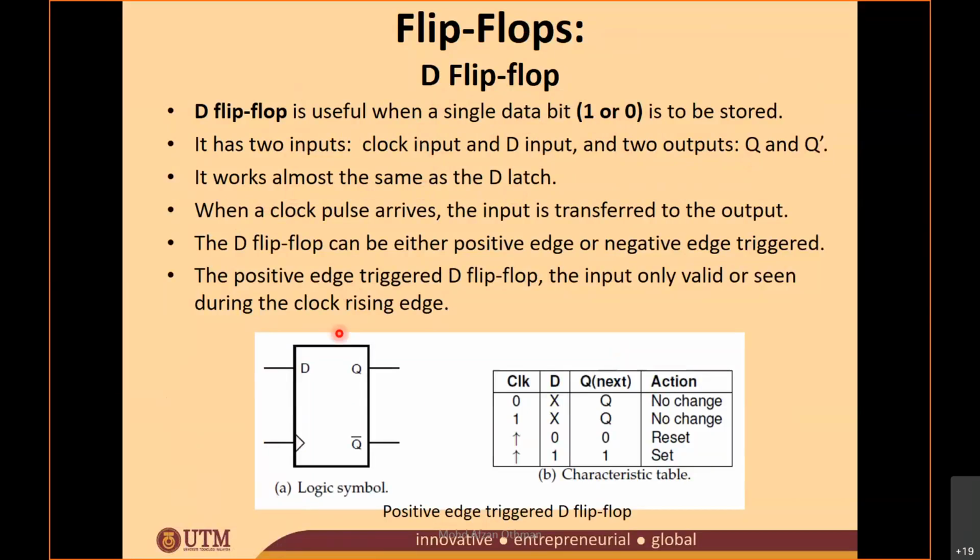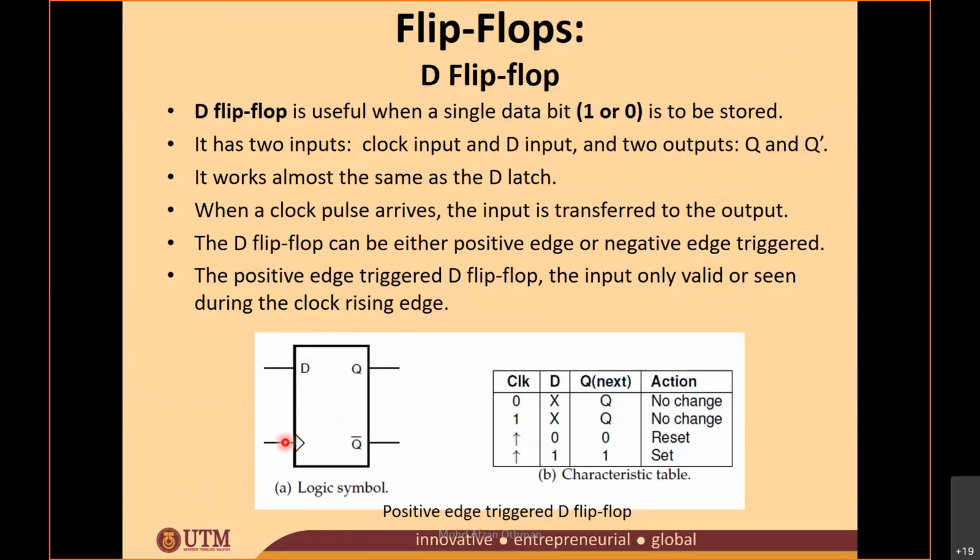Its function is the same as the D latch. When a clock pulse arrives, the input is transferred to the output. The D flip-flop can be either positive edge or negative edge triggered. In this case, D is positive edge triggered.